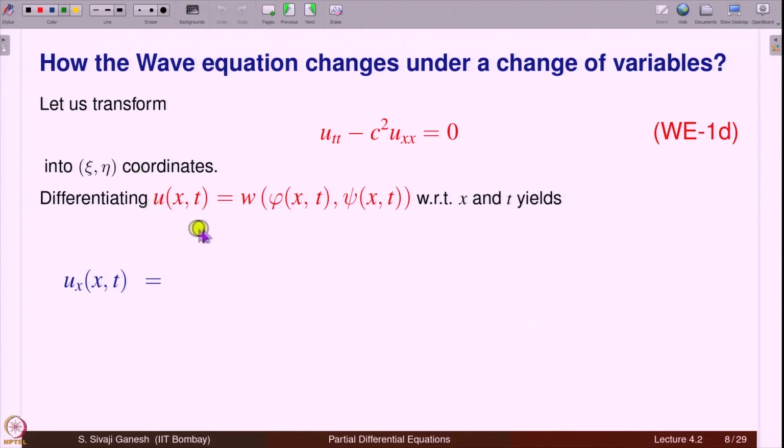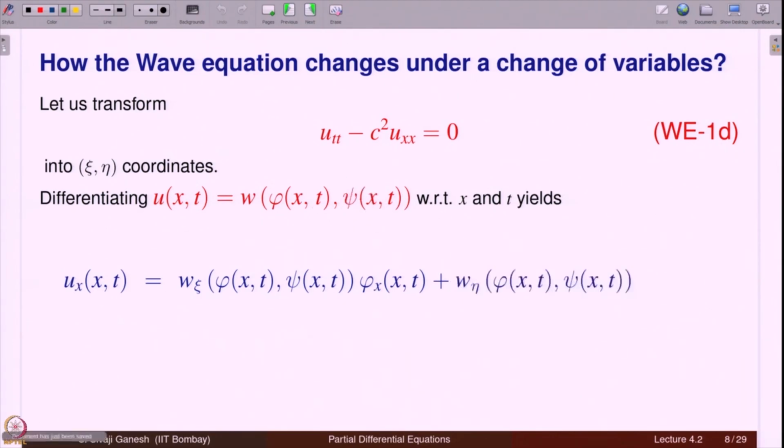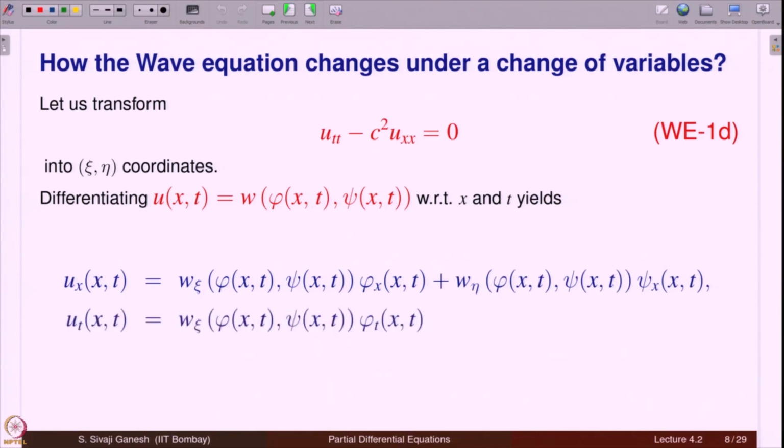So, differentiate this relation u(x,t) equal to w(phi(x,t), psi(x,t)) with respect to x and t, and you get u_x equal to w with respect to the first variable, which is xi, times phi with respect to x, plus w with respect to eta times psi with respect to x. This is the chain rule, and similarly u_t.